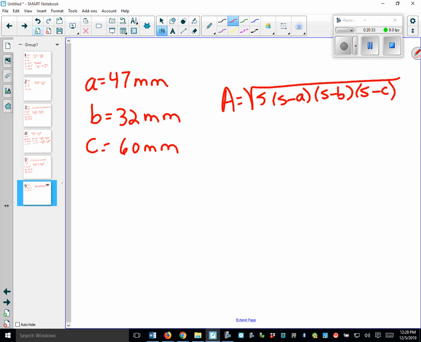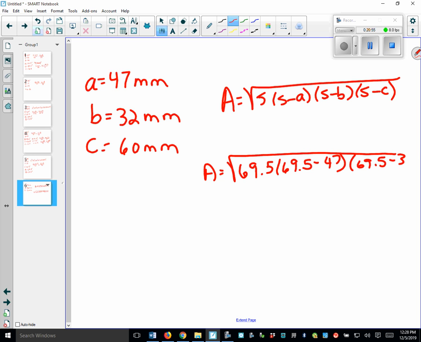I think it's 1/2 A plus B plus C. So my area is the square root of 69.5 times 69.5 minus 47 times 69.5 minus 32 times 69.5 minus 60, right? Let me just type that into my calculator.